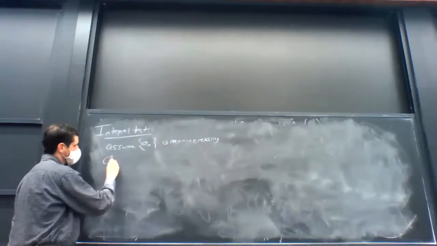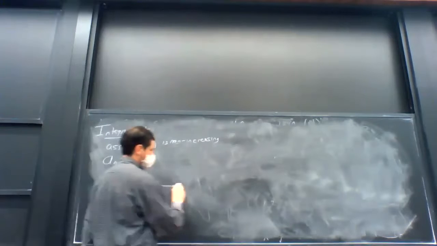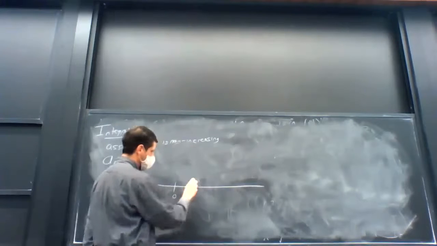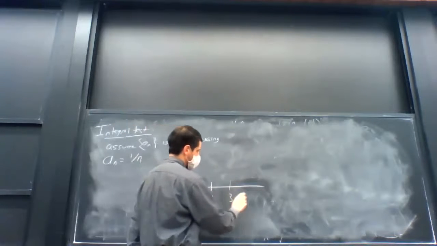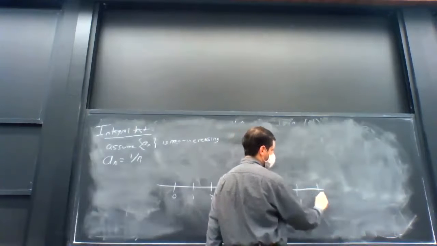Let's do the special case, a_n is 1 over n. Here's 0, here's 1, here's 2, here's 3, here's n minus 1, here's n plus 1.